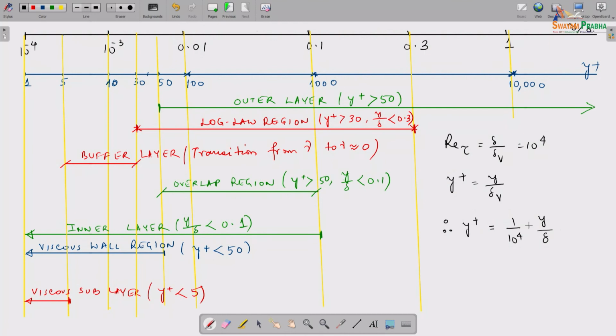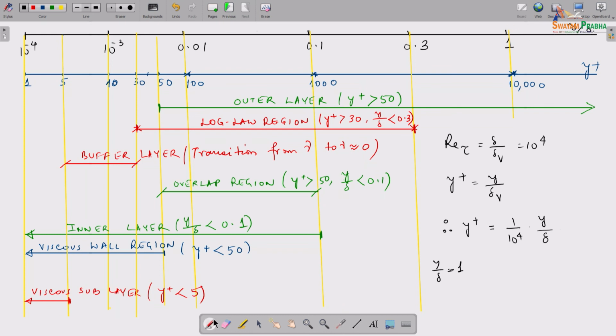So y by delta has several values on this chart. What if y by delta is equal to 1? Which will be here.